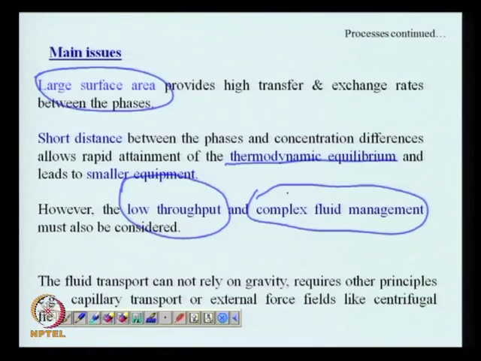So, low throughput, complex fluid management systems, prevention of leakage, and the additional forces necessary for the fluid to flow and come in contact with each other are the bottlenecks that are still there, and there has been increasing effort to overcome these difficulties so that this becomes more common.